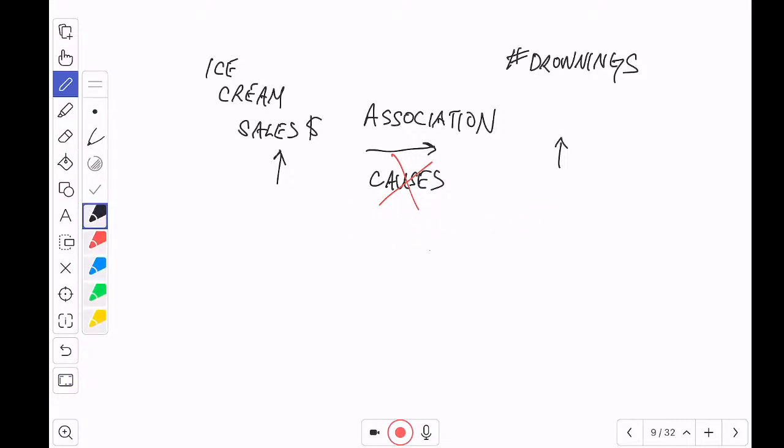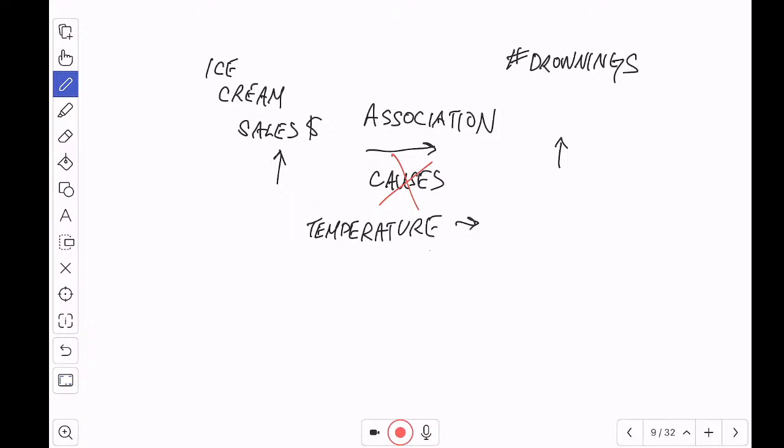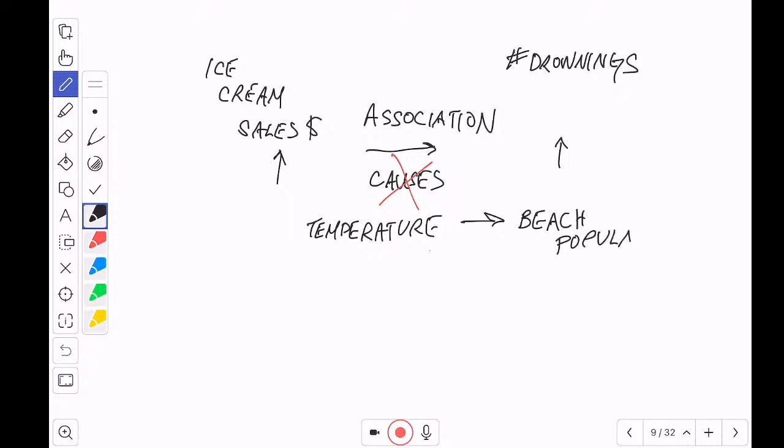So maybe it's the relationship, if I use the arrows to mean causation, the temperature on the beach or outside, so the temperature outside, the ambient temperature, brings people to the beach, right?